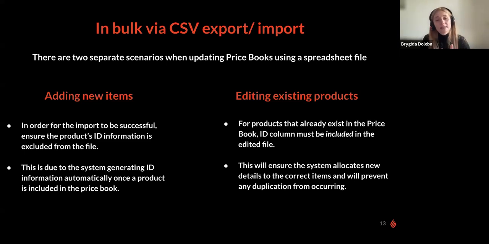However, when you're editing existing products in the price book that already have the ID assigned, we need to make sure that the ID field remains with the information within it. This is because the system will know what area to apply the changes to. Otherwise, it will result in either a product duplication or the file will not import at all.